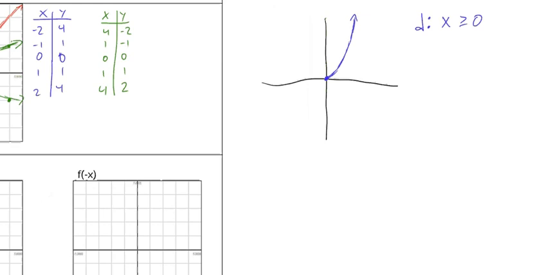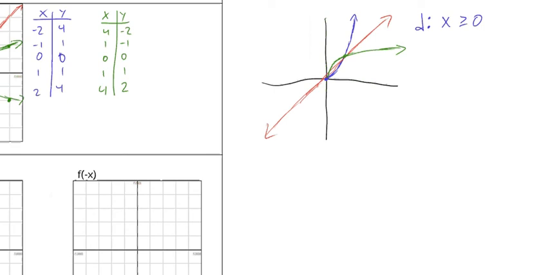Now if I reflect that across the line of y equals x, we're going to end up with just this half of the parabola, just the positive y values. And this one will work out for us.